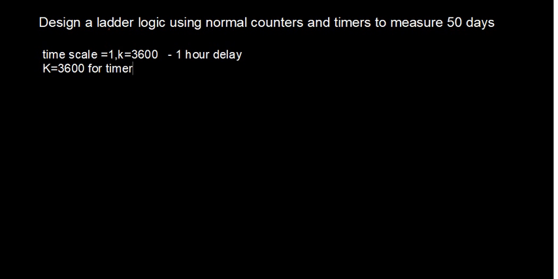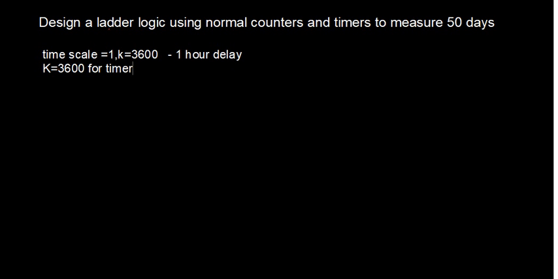Now I will have to do it for 50 days. Earlier I had done it for 1 day, so I had multiplied by 24 as far as the counter is concerned. Now since it is 50 days, I have to multiply by 24 into 50.